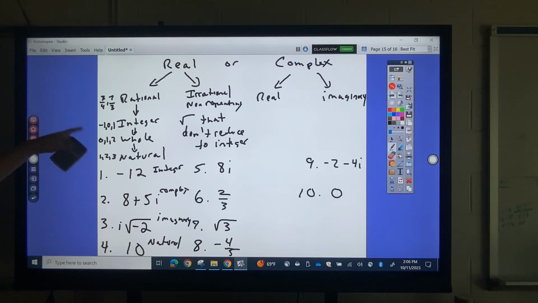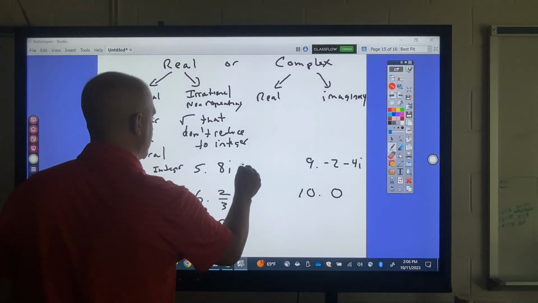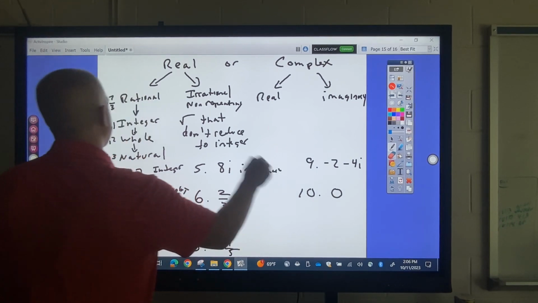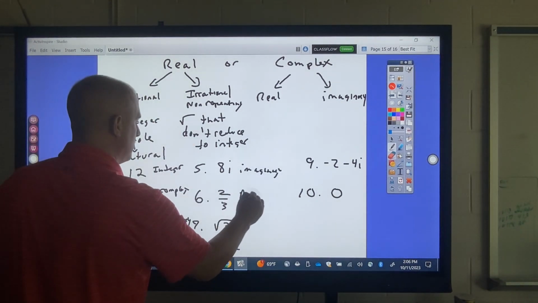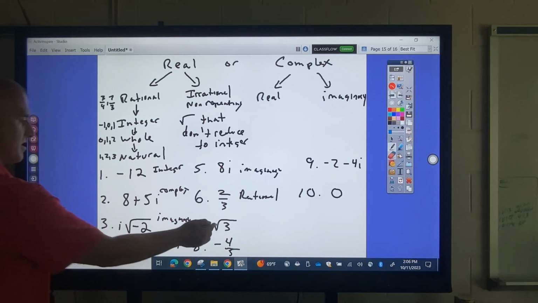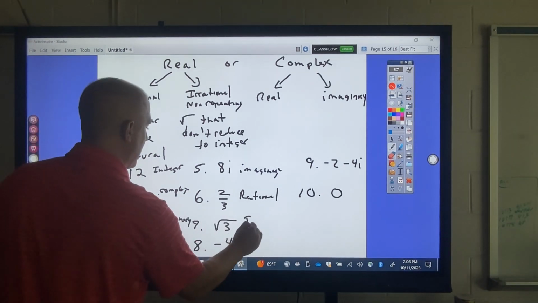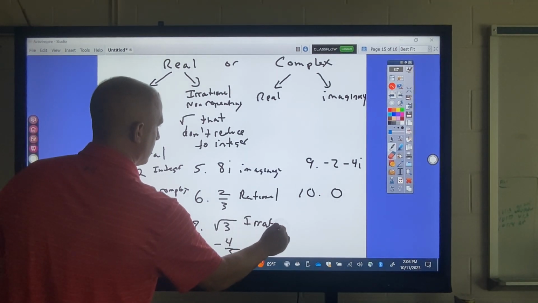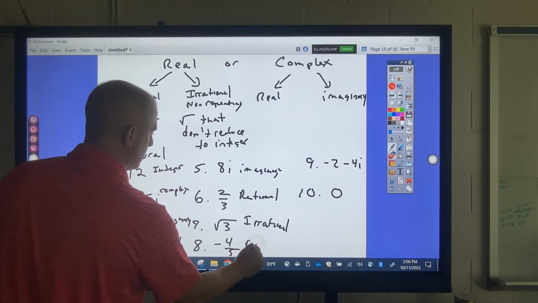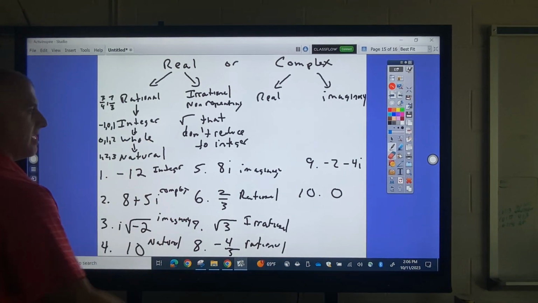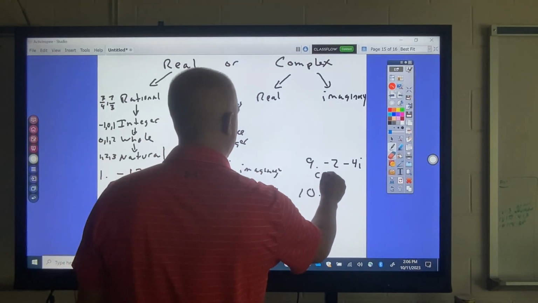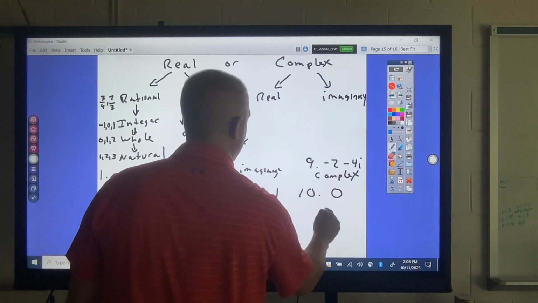So what I want to look at is what's the lowest level I can get to. This is just imaginary. The lowest level I could get here was rational. This number won't reduce, so this is going to be an irrational number. This is going to be a rational. This has both parts, so this is complex, and 0 is whole.